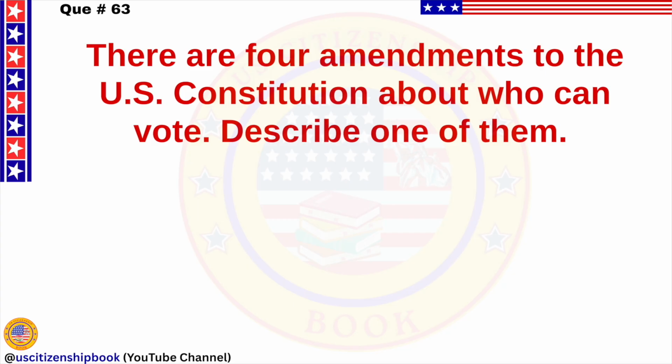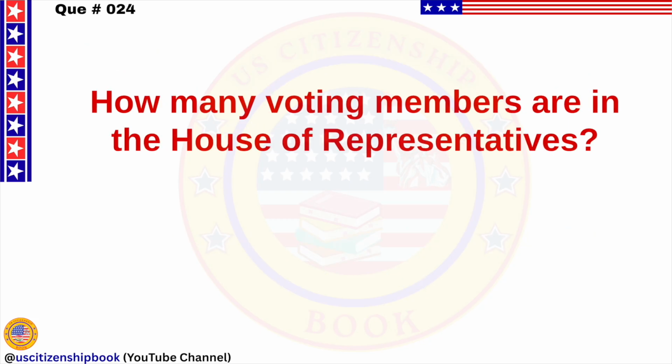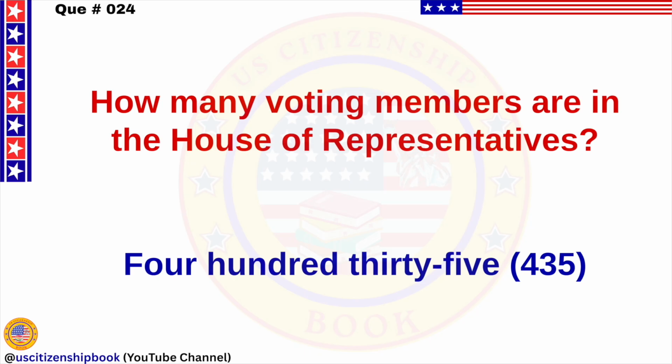Describe one of them. Citizens 18 and older can vote. How many voting members are in the House of Representatives? 435.